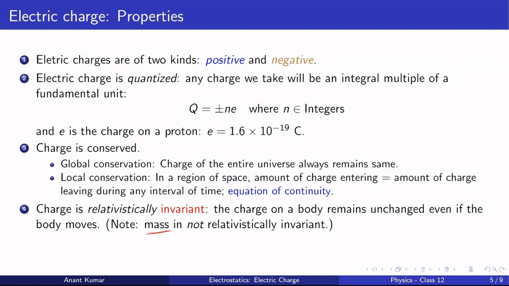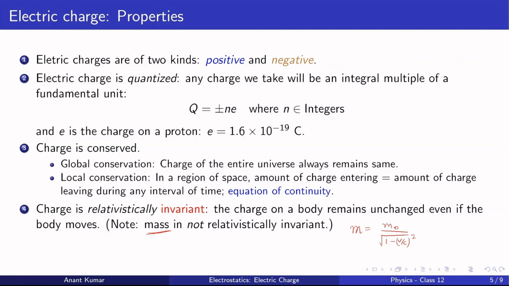In fact, you might be familiar with the famous formula of Einstein, which states that the mass of a body is equal to its rest mass m0 divided by √(1 − (v/c)²), where v is the speed with which the body is moving, while c is the speed of light in free space. So mass is not relativistically invariant, but the charge is.